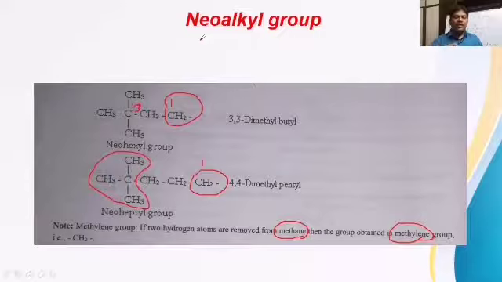Secondary alkyl group indicates the presence of the free bond on a secondary carbon atom. And tertiary alkyl group indicates an alkyl group in which the 3-degree carbon, that is the tertiary carbon, bears the free bond. These are all different types of hydrocarbon groups.